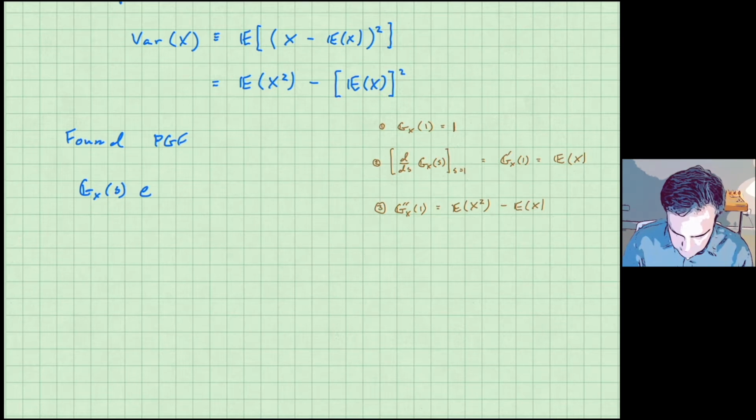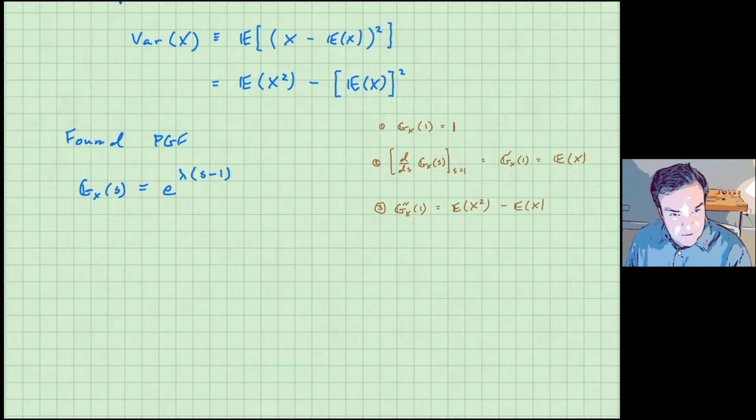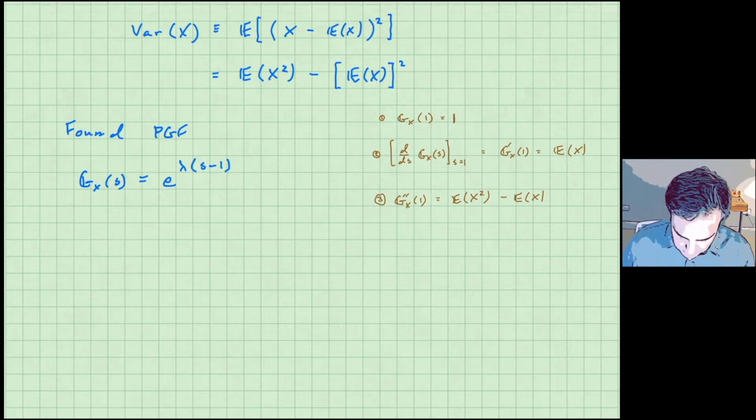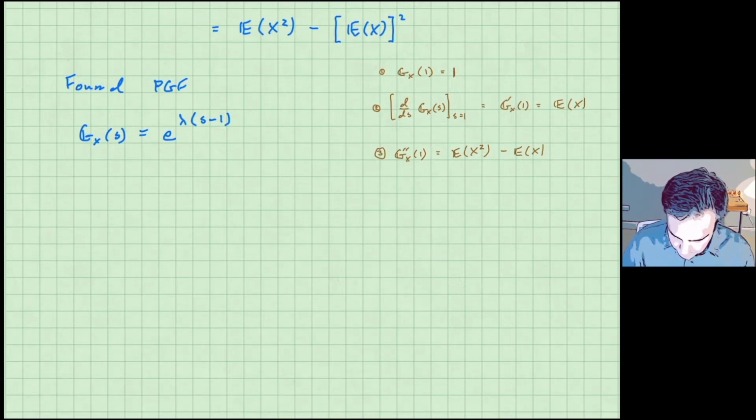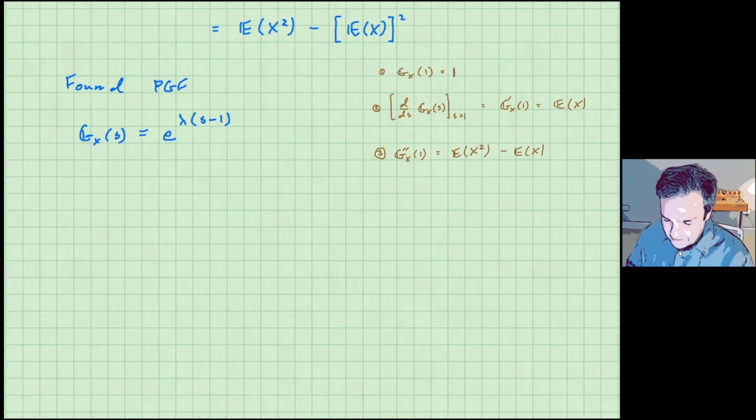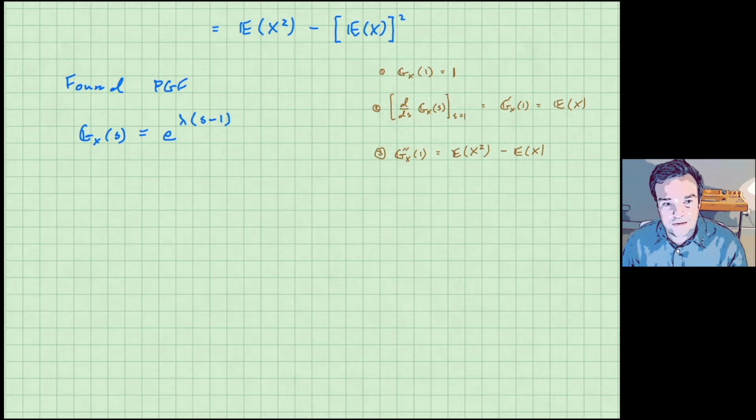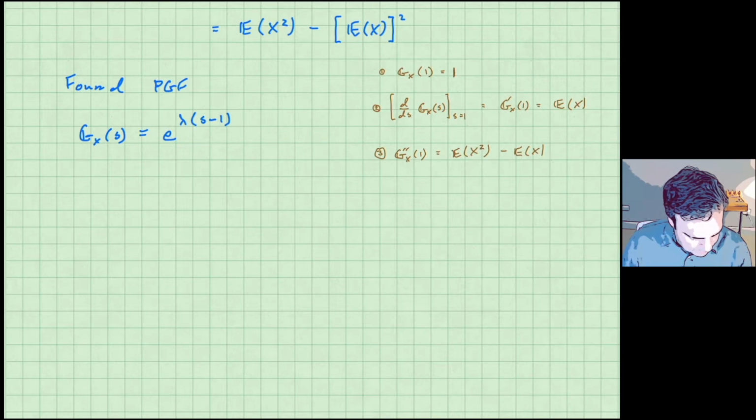So it was G of s equals, don't forget the equals, e to the lambda times s minus 1. Right, so we worked that out from scratch. And so in order to find the expected value and the variance, we're going to need both the first and second derivatives of this quantity with respect to s, evaluated at s equals 1. So we'll go ahead and give this a try.